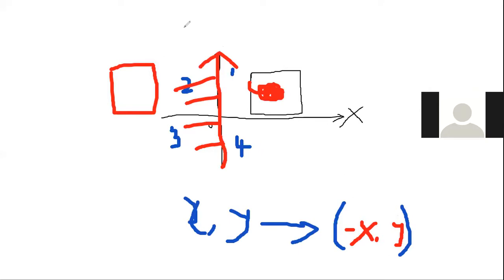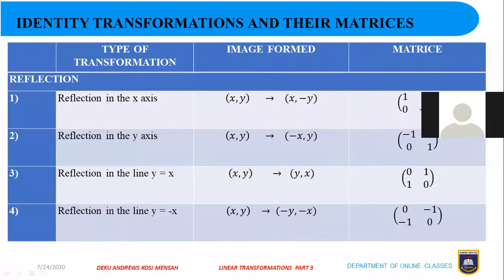So if you go back there, that leads us to the information we have here. So the matrix there is going to be -1, 0, since only x is here, and then 0, 1.